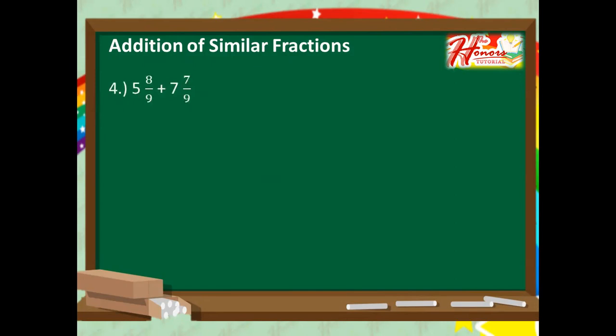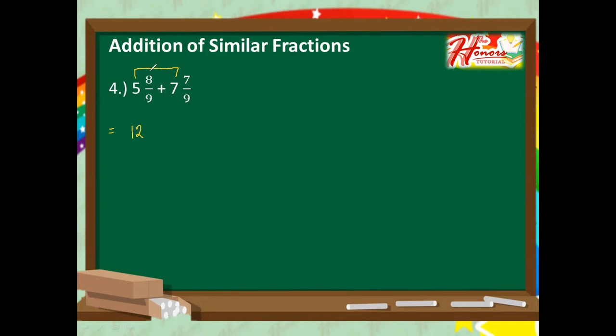Next, let's have number 4. For number 4, we have here 5 and 8 over 9 plus 7 and 7 over 9. So same process. I want you to add the whole numbers first. So 7 plus 5 or 5 plus 7, that's 12. And then what's next?